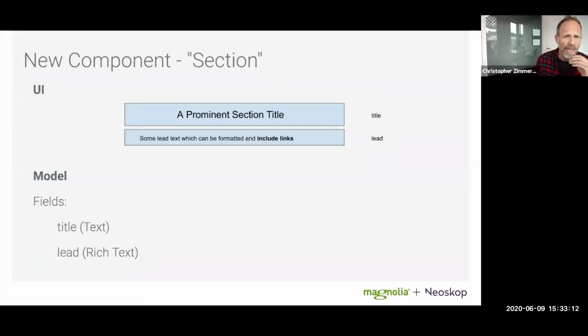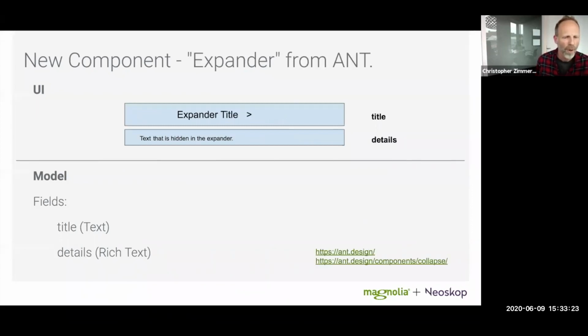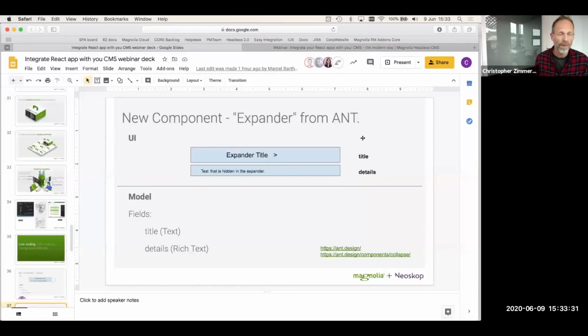I was going to do a section page, but then as I thought about it more, I thought, can we do something a little fancier? Wouldn't it be cool to take a component from an actual design system out there? There are all these cool React libraries, and that's kind of what we're promising here, that you can use those off the shelf with the system.